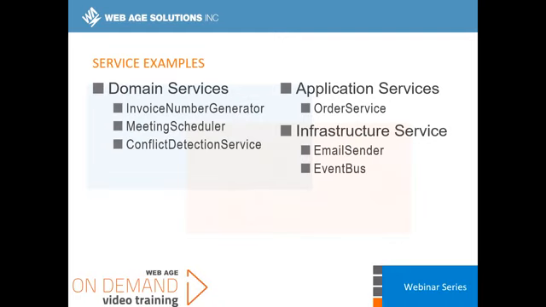And then there are the infrastructure services, things like an email sender. Sending an email is obviously an infrastructure service, and I don't want to implement that in multiple bounded contexts. So I use that in a service that does not belong to an individual entity or object.